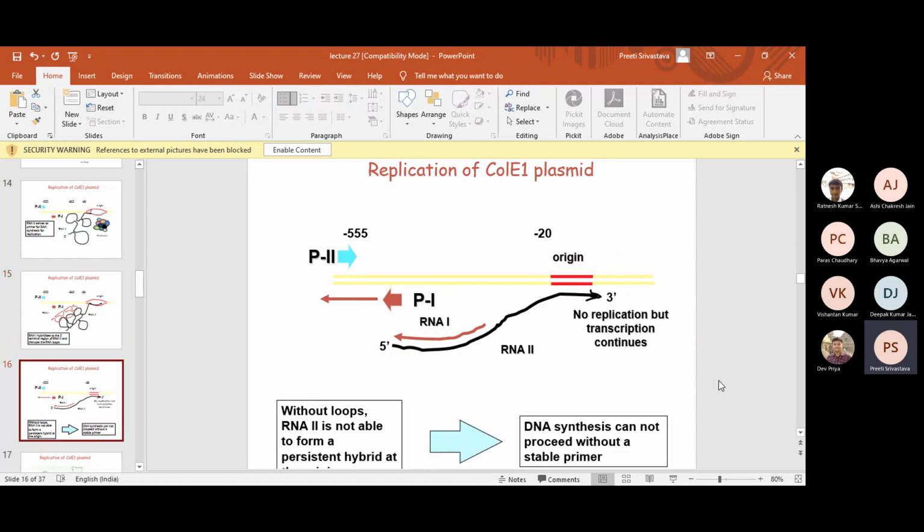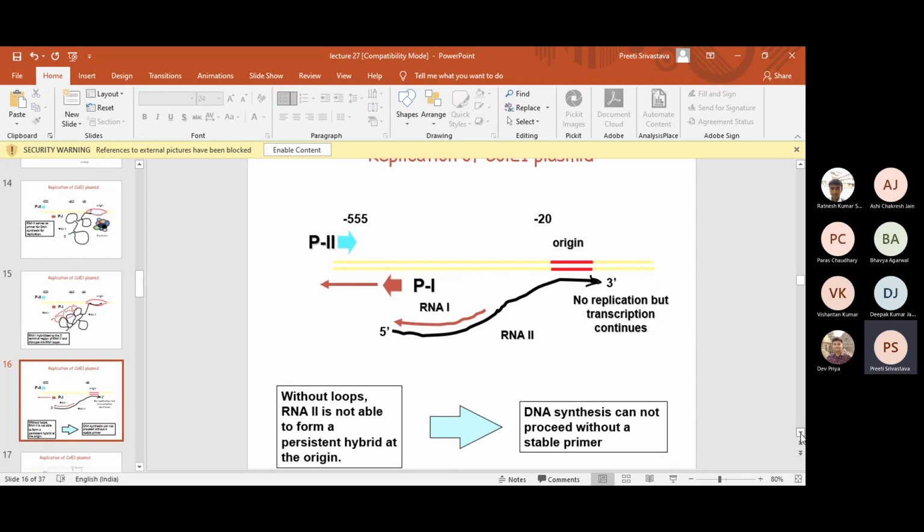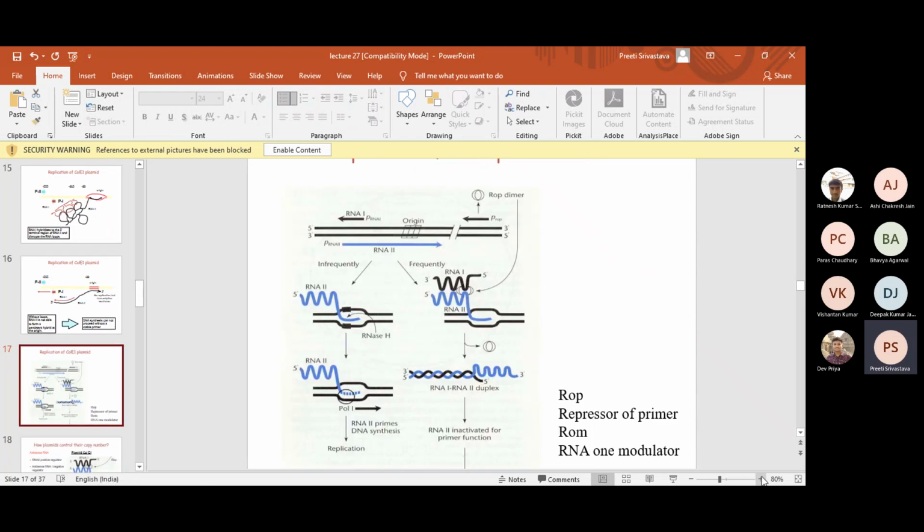Okay, so this I have already explained: without loops, RNA2 is not able to form a hybrid. DNA synthesis cannot take place. Then this shows the protein which is called ROP, repressor of primer.